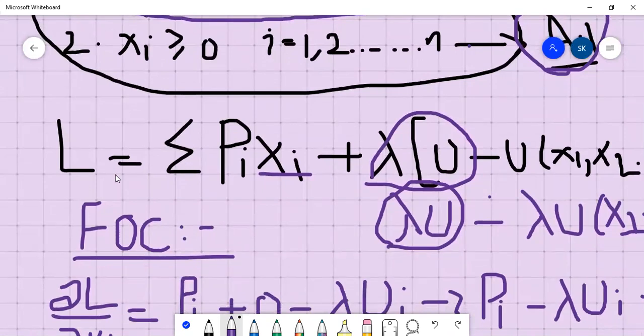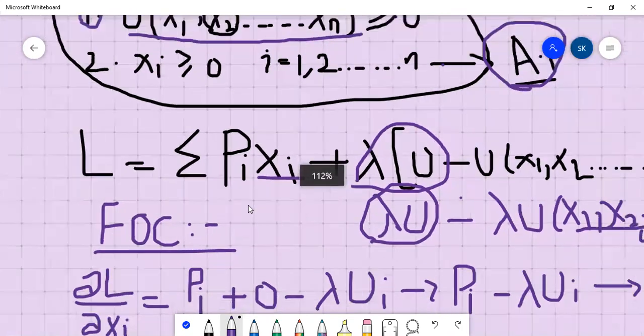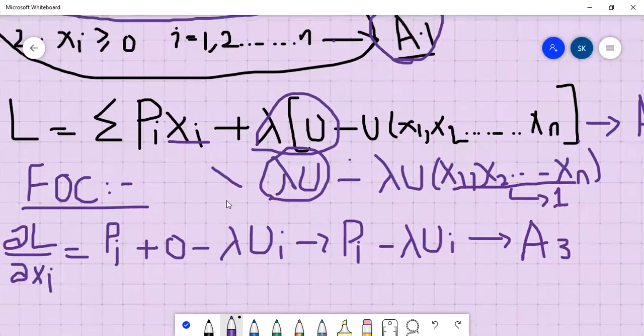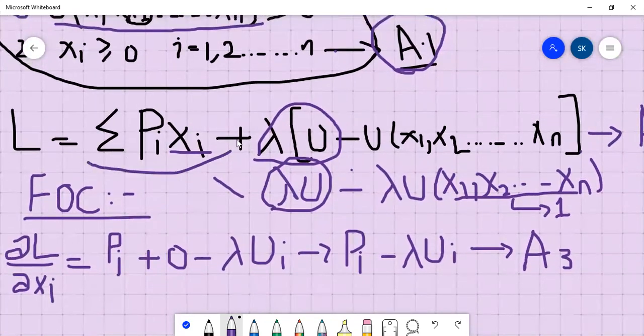Next, we have the Lagrangian function. In this Lagrangian function, we have summation pixi, which was our main function, plus lambda. We always multiply this lambda with the constraint function, and because of this, we get the Lagrangian function.